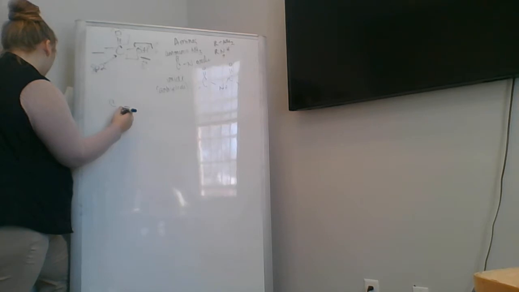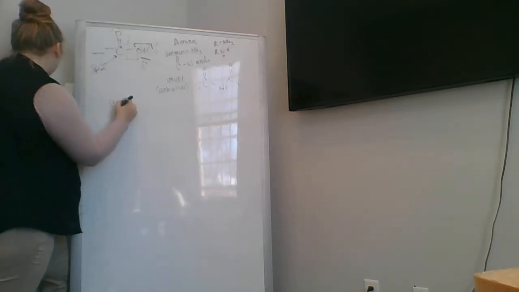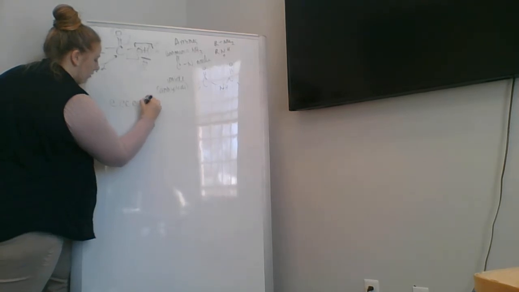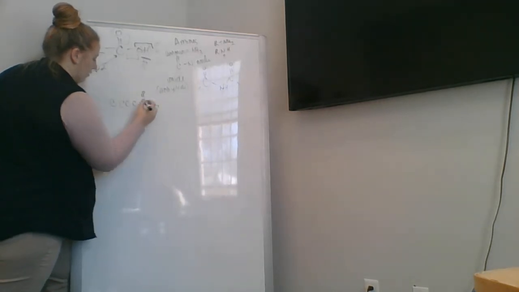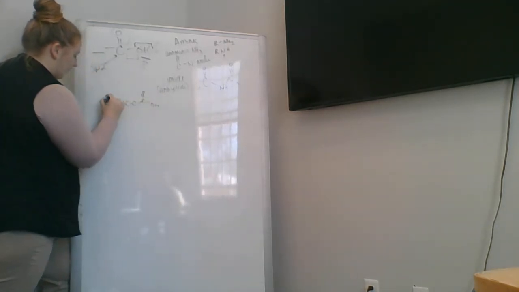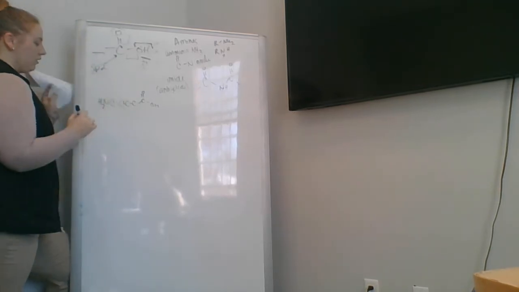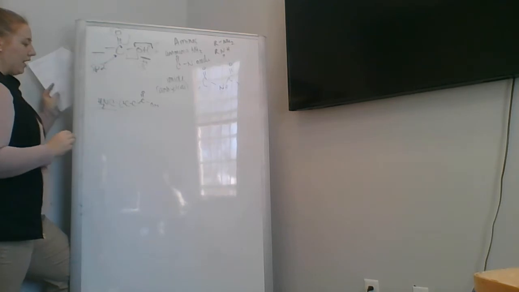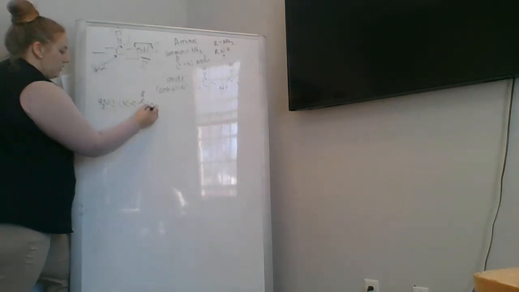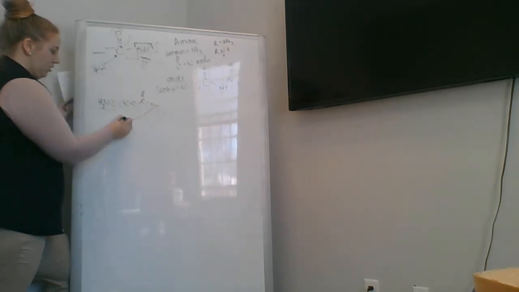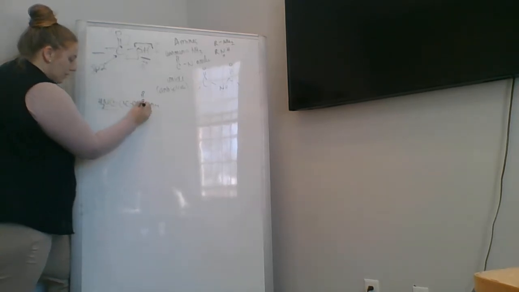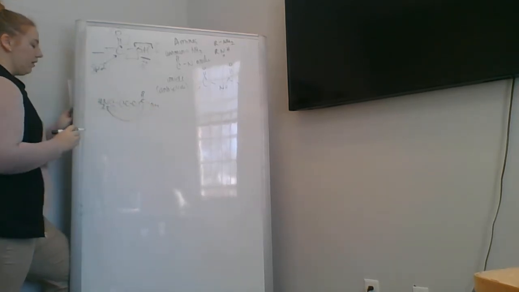So let's see here. 1, 2, 3, 4. Okay, so we have our amine on one end, our carboxylic acid on the other. Same thing is going to happen. This O, oh sorry, not the O. The carbon in this case is going to react with our nitrogen.